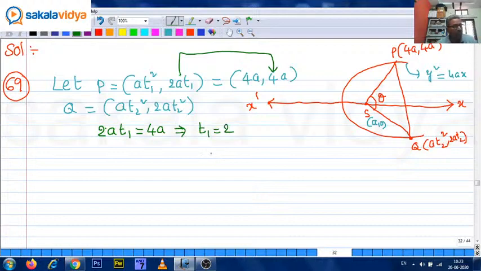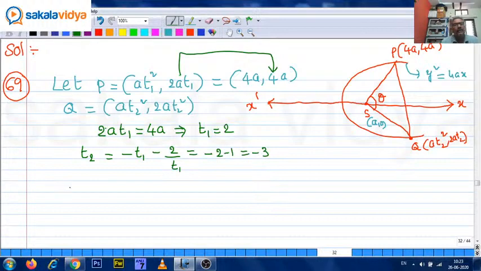Now the value of t1 is obtained. That means the normal drawn at P meets the parabola at (at2 square, 2at2). We have the relation t2 is equal to minus t1 minus 2 upon t1, so t2 is equal to minus 2 minus 1, which is minus 3.